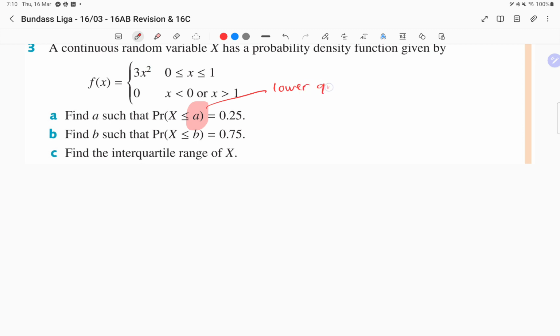This is the lower quartile value. And then what is B? Yes, this is the upper quartile because the area to the left of that is 0.75. So essentially, questions A and B are just asking you to find the lower and upper quartile. They already gave you the format, and then C is just the interquartile range. Go, get started.